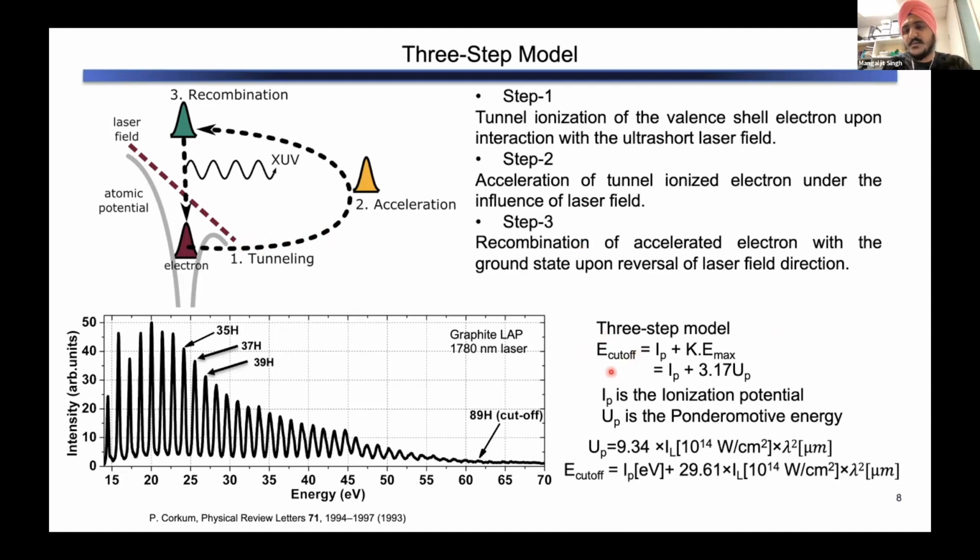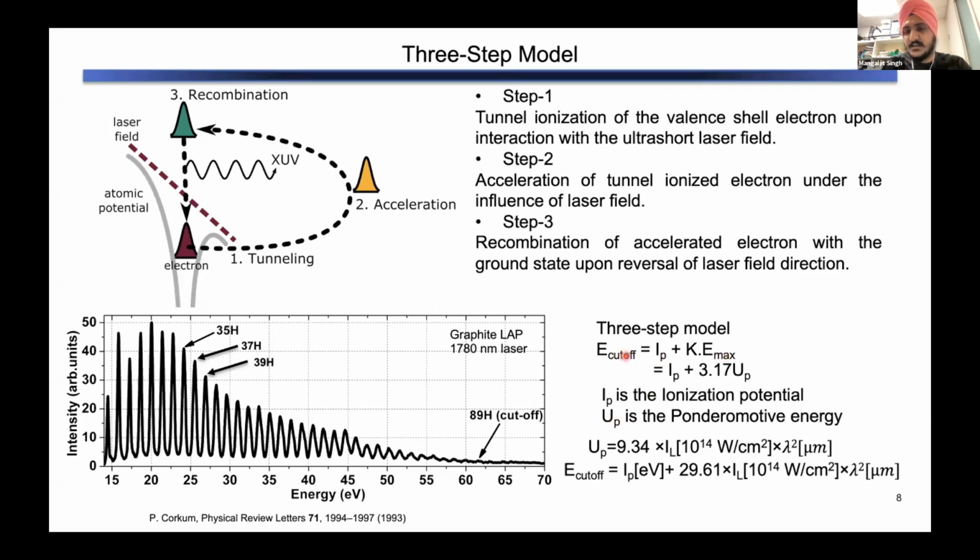And the maximum photon energy that can be generated from the higher order harmonic generation process is the sum of the ionization threshold of the atom or ion, which is participating in the harmonic generation process, and the maximum kinetic energy of the electron that is returning back to the initial ground state. So the cutoff is the sum of the ionization potential and the maximum kinetic energy of the electron.